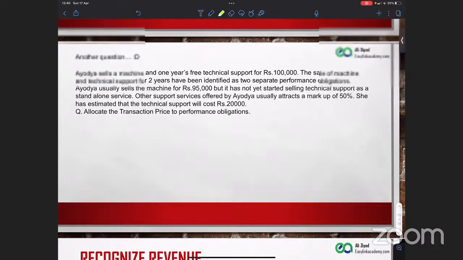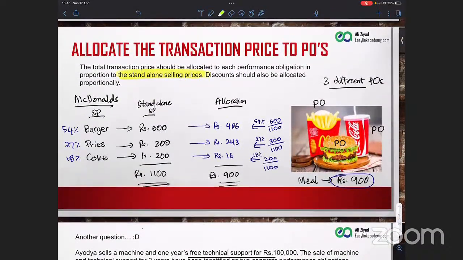Before that, please tell if everybody is clear with this example, allocating the transaction price. Everybody? Yes.